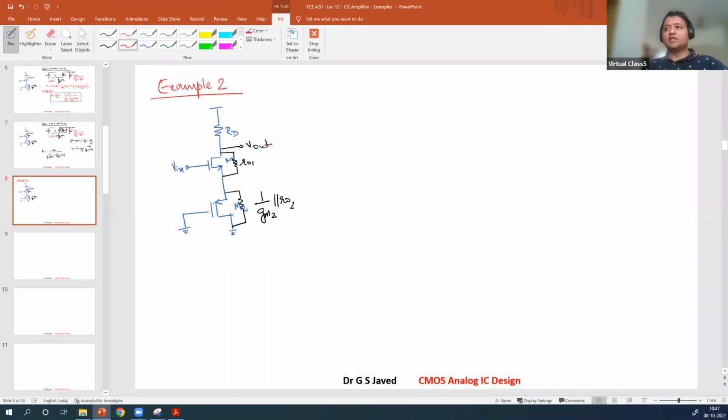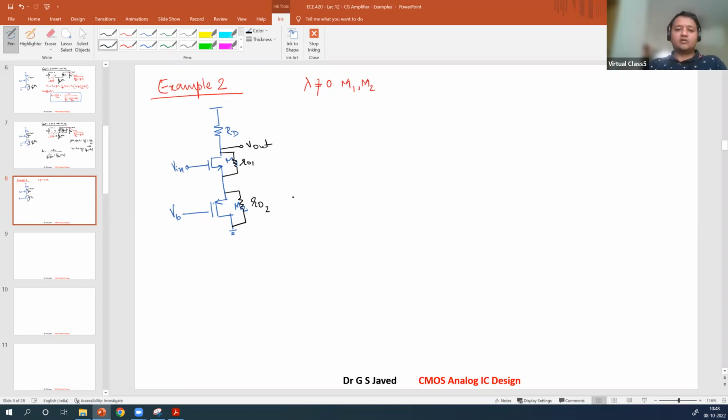Example 2. In this case, let us assume lambda is not equal to 0 for M1 and M2. There is VB connected here. There is a bias voltage. So when you have a bias voltage connected, this GM1 will get removed. Okay. So what does it look like? It will only look like a RO2.